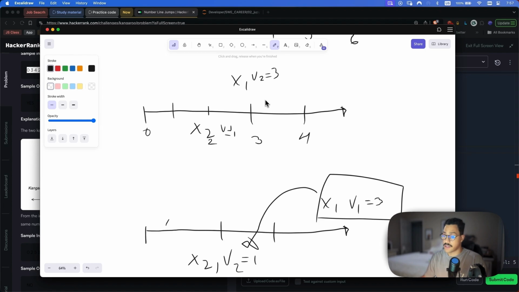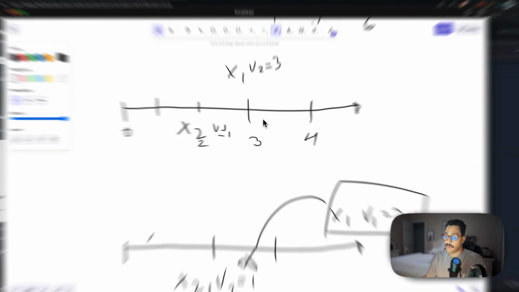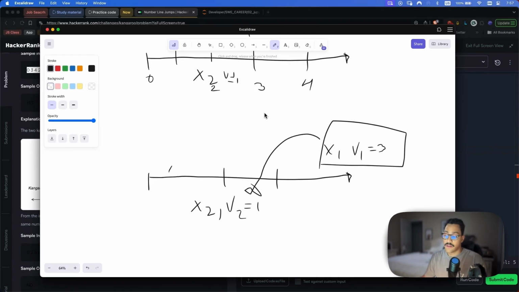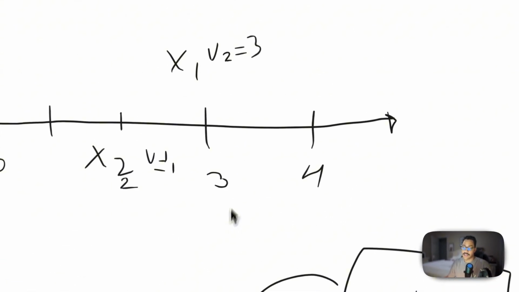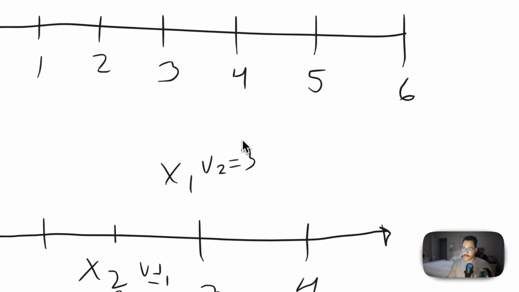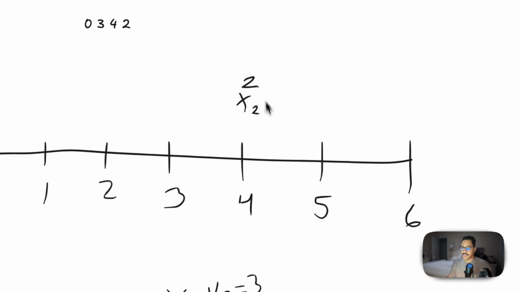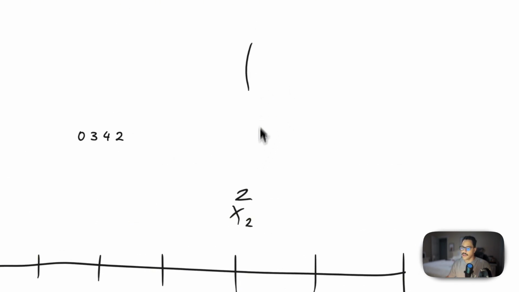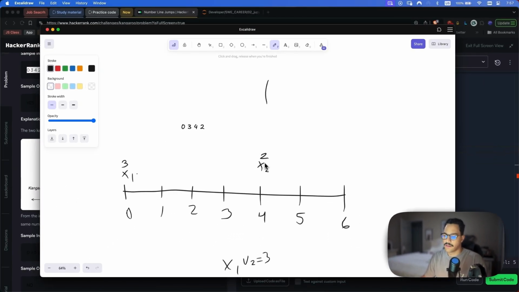If the velocities are equal and the positions are different, then they would never meet, because at the same velocity they can't catch up with whoever is ahead, right? But for the sake of the example, we're going to say that the second kangaroo is going to be ahead.